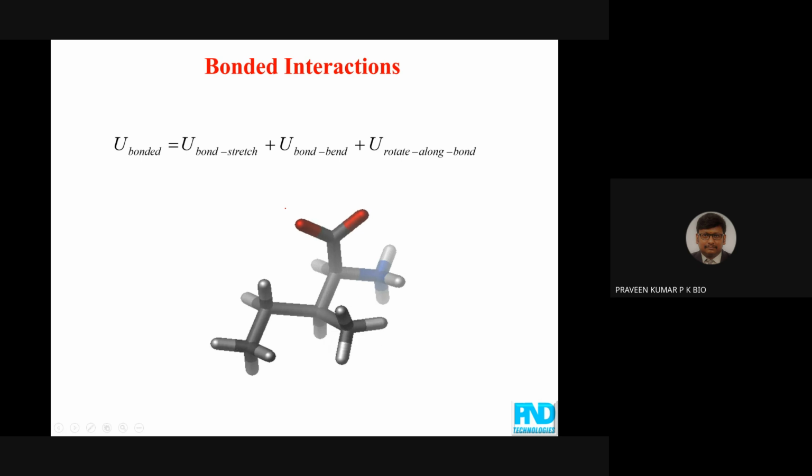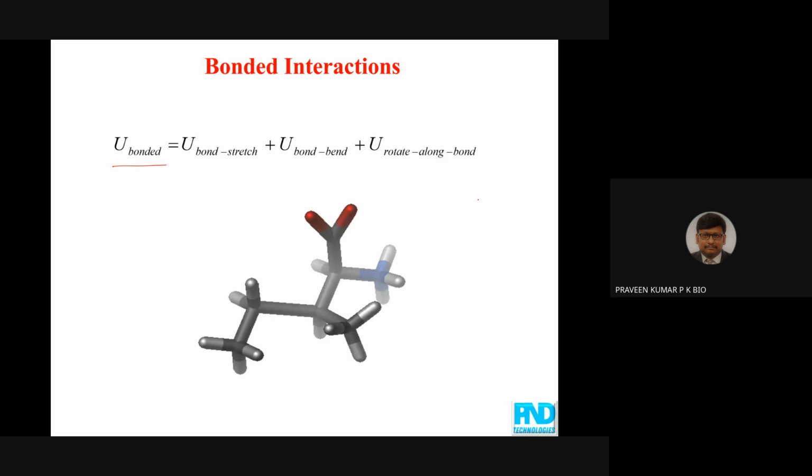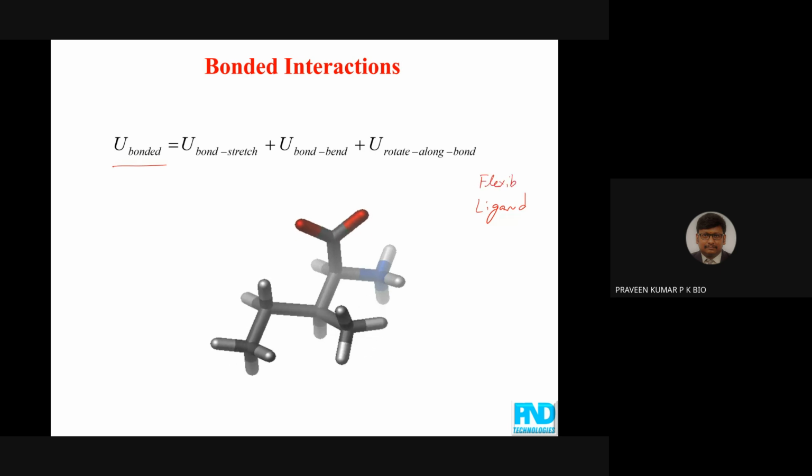To calculate the bonded energy, you have to sum up all these three bonded interactions. These kinds of bonded interactions you can observe in the ligand, especially if you use a flexible ligand, and also with the receptor. Even in the receptor, we have flexible types.